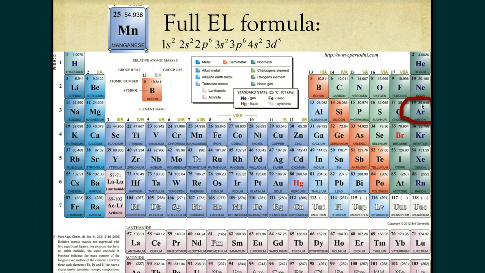Argon is the noble gas before manganese, so I'm going to just do argon and then go from there. This is 4s2, and then I arrive at 3d5. Boom! See? All this is argon. And then I have 4s2, 3d5, and that's it.